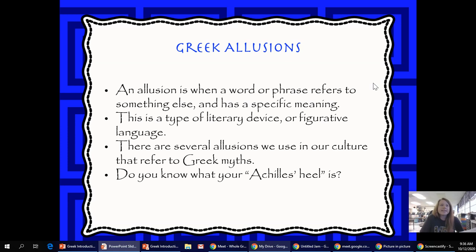Do you know what your Achilles heel is? Any guesses? Okay, your weakness, but you actually have an Achilles heel on your body.